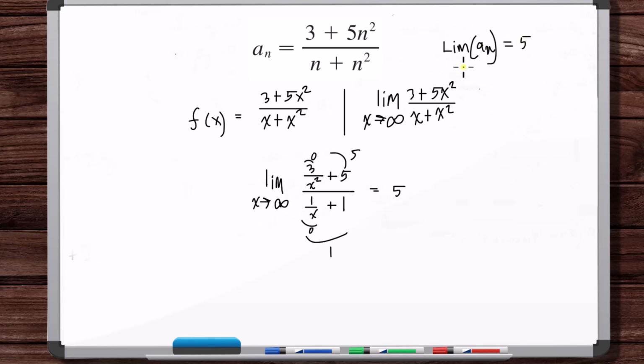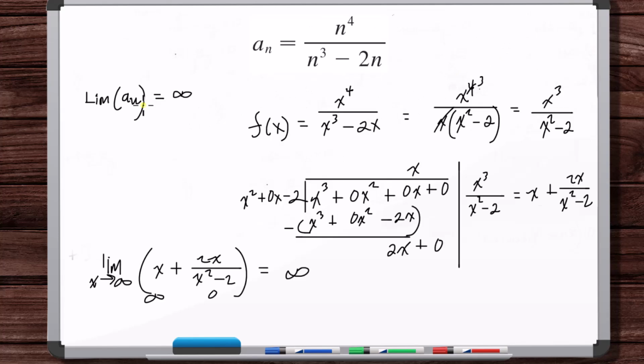You can write it as n approaches infinity, but just to illustrate, sometimes you might see it like this, just the limit of the sequence is equal to 5 here. And this limit is equal to infinity, but that's divergent. It's a special type of divergence where it goes to infinity.